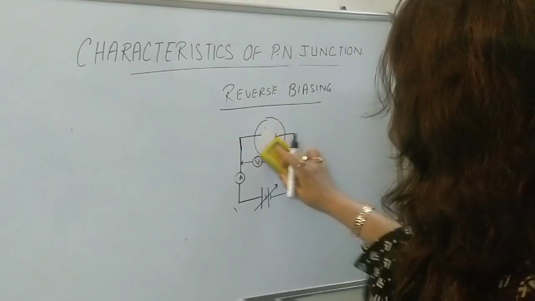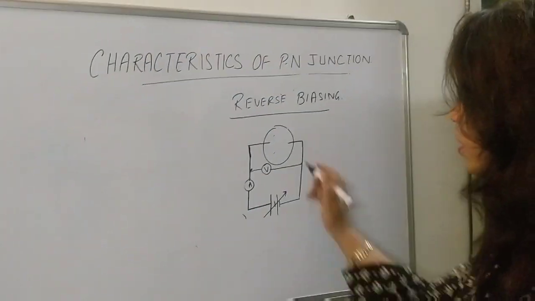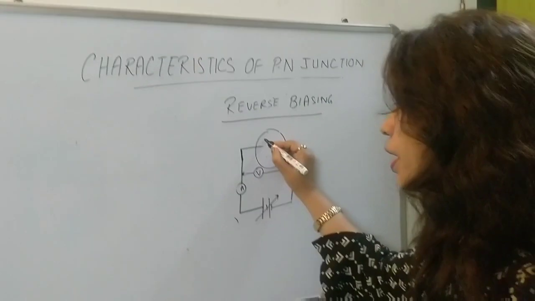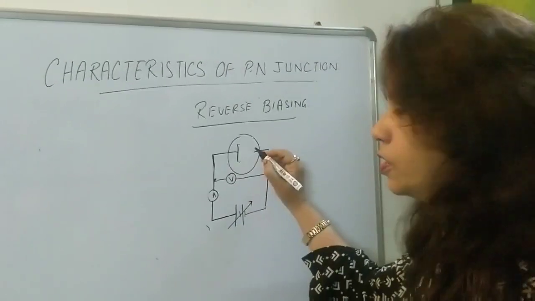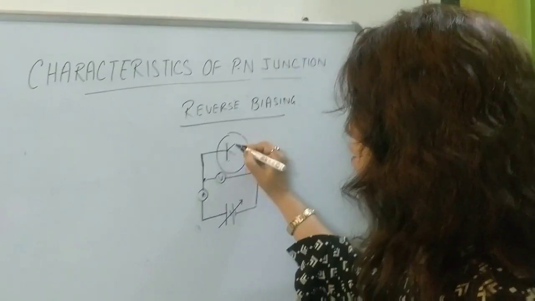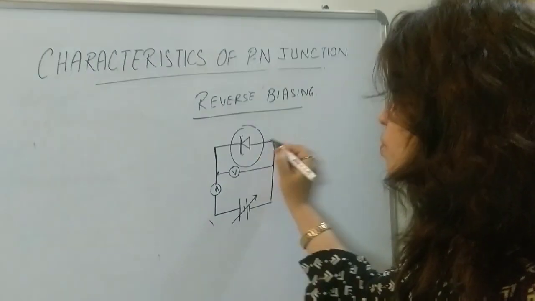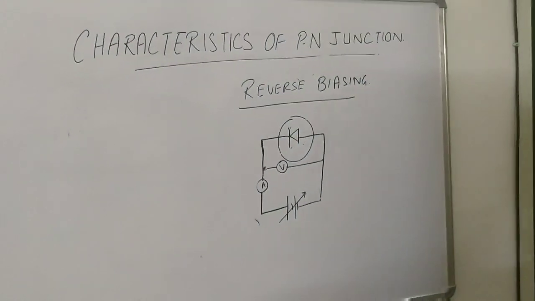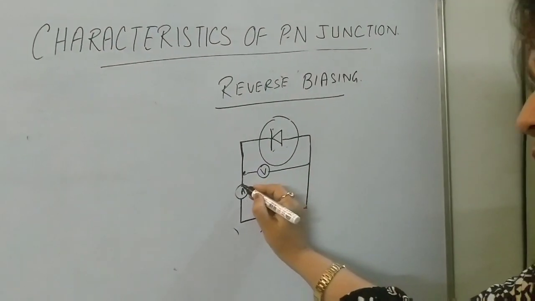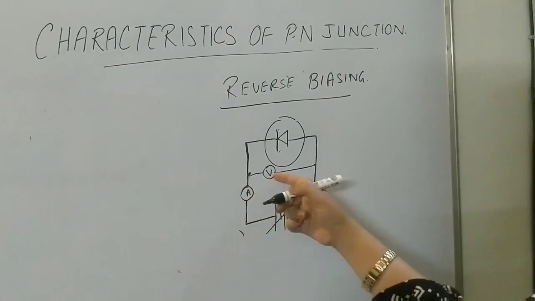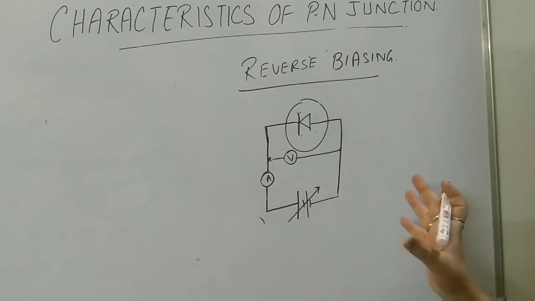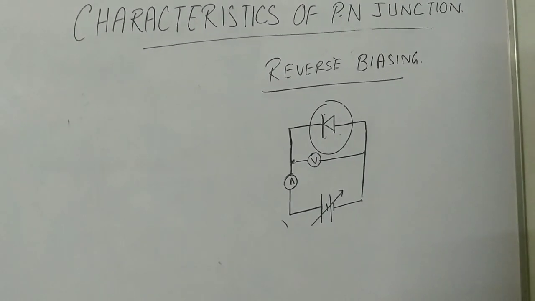So in the reverse biasing, we know that the N type is connected to the positive terminal and P type is connected to the negative terminal. And other things are same here. Ammeter is also here. Voltmeter is also here. Everything same. Now what happens to the current over here?